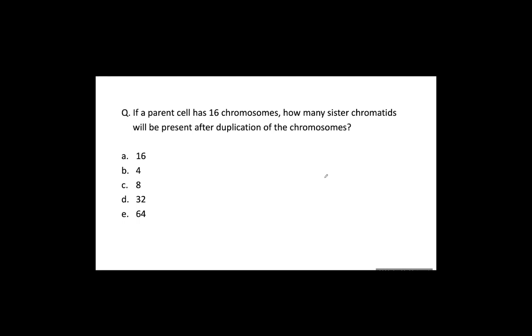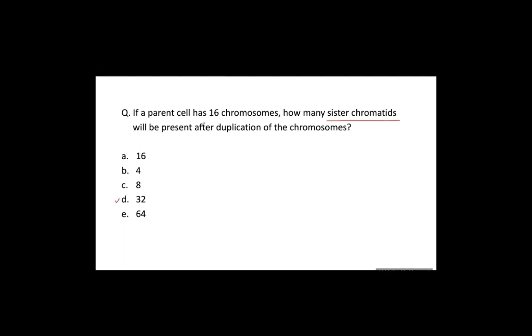Okay. They are asking the number of sister chromatids. They are not asking about the number of chromosomes after duplication, right? So the answer: each chromosome produces 2 sister chromatids. Each chromosome will form 2 sister chromatids after duplication. Therefore, the answer is 32.